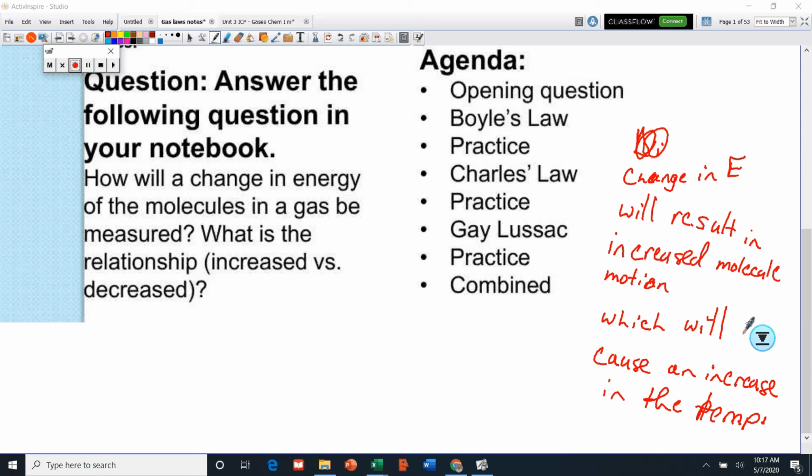Increased molecule motion is going to increase the temperature, because remember, temperature is a measure of the average kinetic energy of a substance.